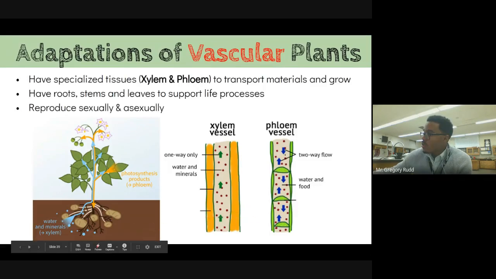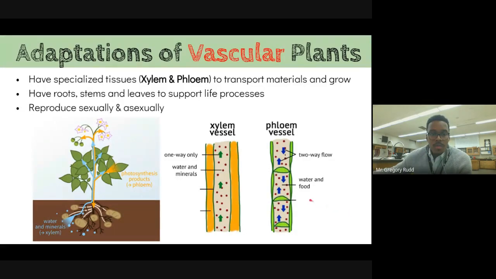And then as glucose is produced as a result of photosynthesis in the leaves of the plant, we've got another type of tissue called a phloem vessel that's going to carry that glucose back down to the roots, where they can use it to make energy. So this is a quite remarkable process.